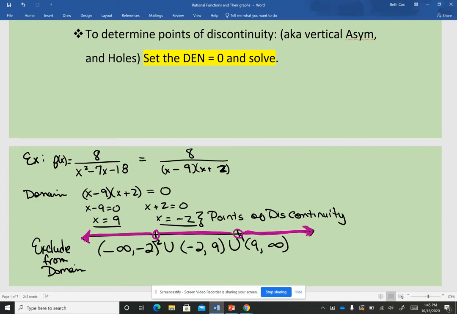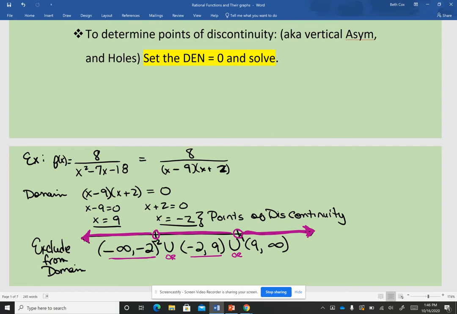I can find members of my domain from negative infinity to -2, or between -2 and 9, or from 9 to infinity. So that's my domain right there. These are the points of discontinuity, and to find the domain, you just set the denominator equal to 0 and solve.